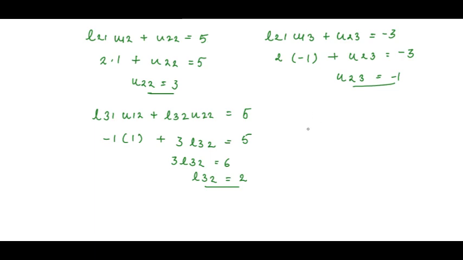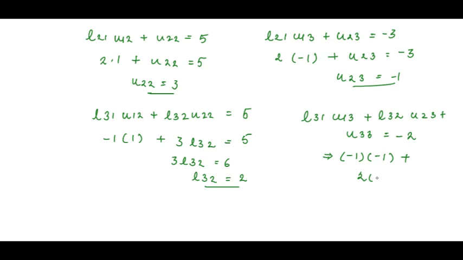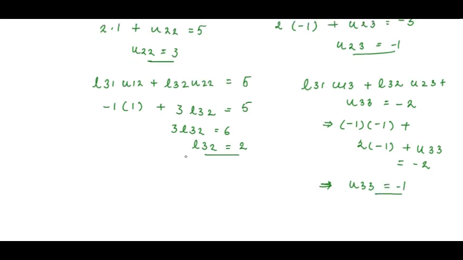Now finally we get L31 U13 plus L32 U23 plus U33 equals minus 2. Substituting, minus 1 into minus 1 plus 2 into minus 1 plus U33 equals minus 2. We get 1 minus 2 plus U33 equals minus 2, and U33 equals minus 1.